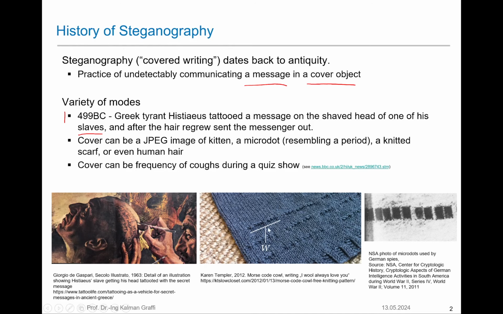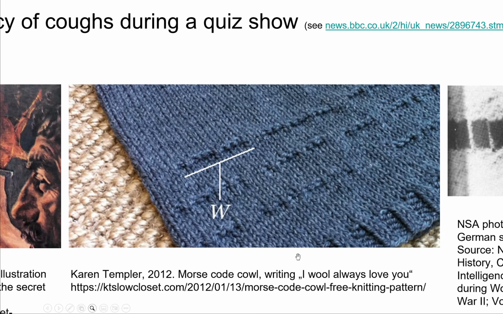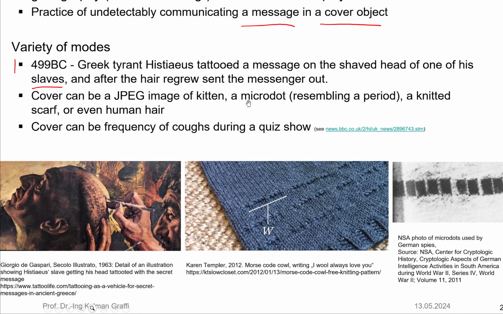Here are some other examples that I found quite funny. I will always love you is written here in Morse code. So all these dots are basically part of a Morse code, and you can also put it in a scarf. Obviously, there are also some kinds of images that we will look into, but also microdots.